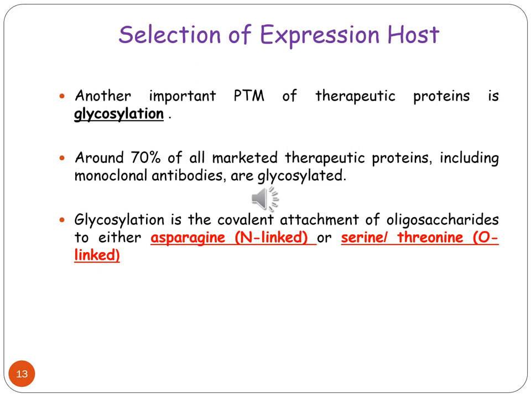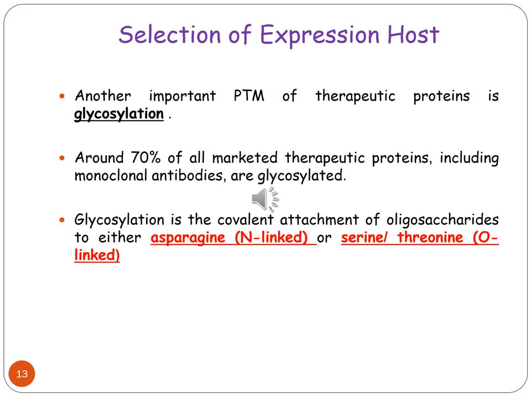If we want to define glycosylation, it's the covalent attachment of oligosaccharides to either asparagine, N-linked, or serine or threonine, O-linked. This means that glycosylation means adding sugars, or here oligosaccharides.